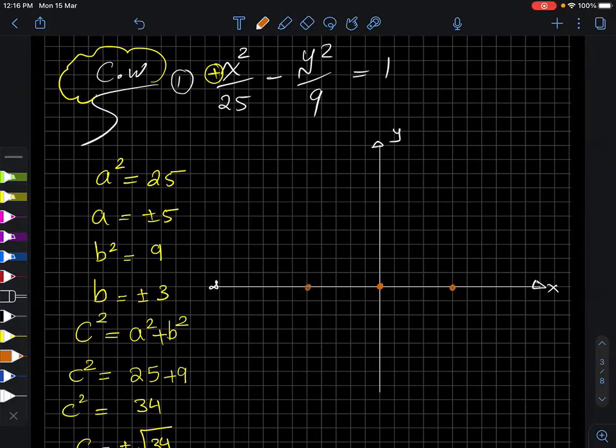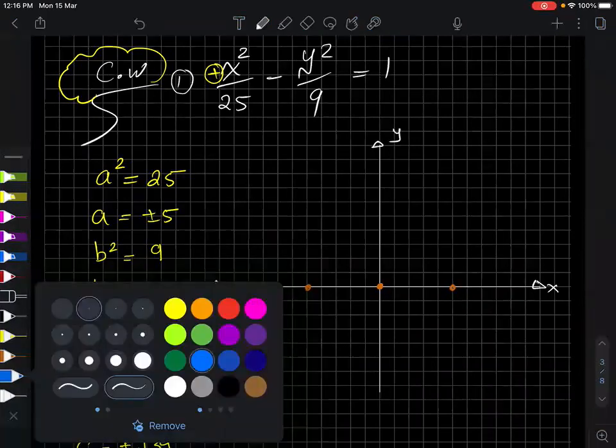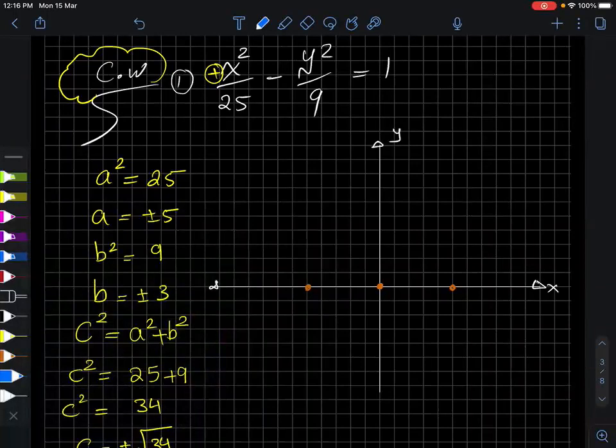It's clear for you guys? Nice. Let's move up: we can move up 3 units and down 3 units from the center. It's 1 point, and down 3 units, 1, 2, 3.